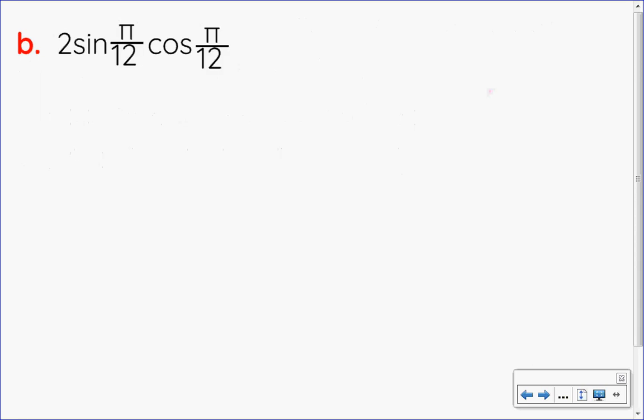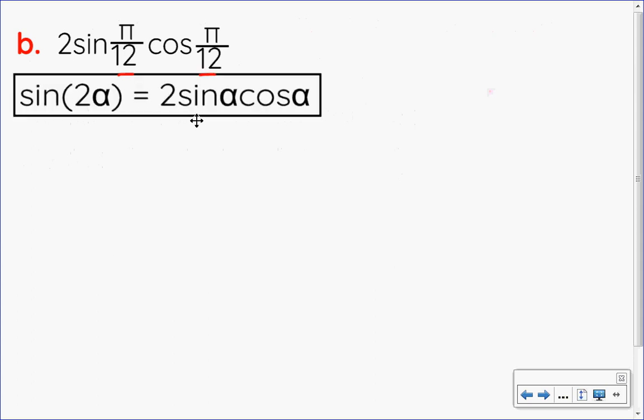Okay, in our second example, I have the product of 2 times sine and cosine of the same angle measurement. Looking on my formula sheet, that matches with a sine double angle identity where pi over 12 is alpha. Substituting that in, I have sine of 2 times alpha, which is 2 times pi over 12.